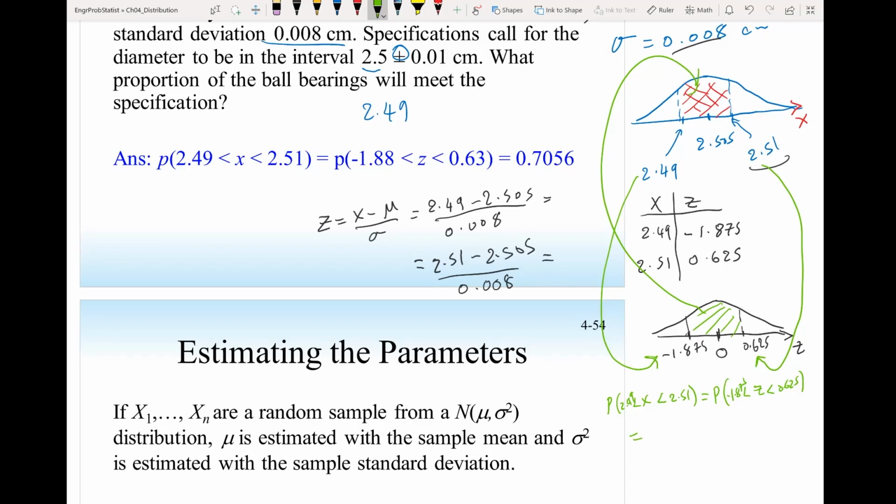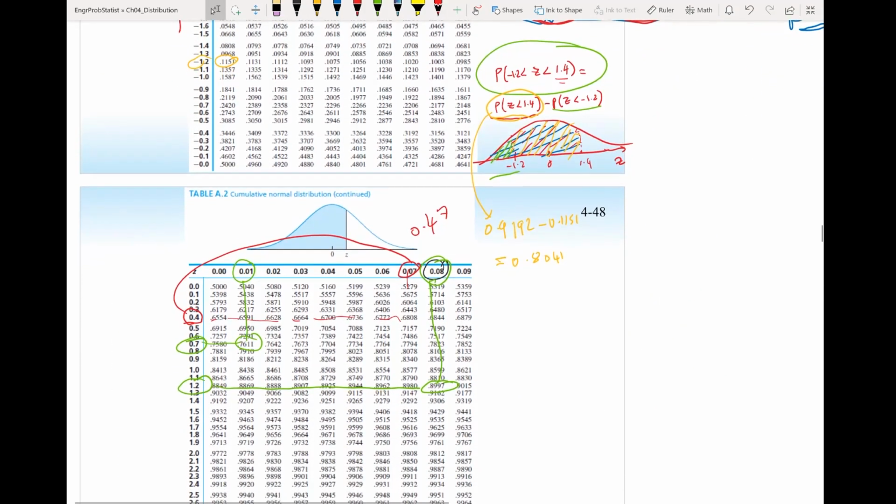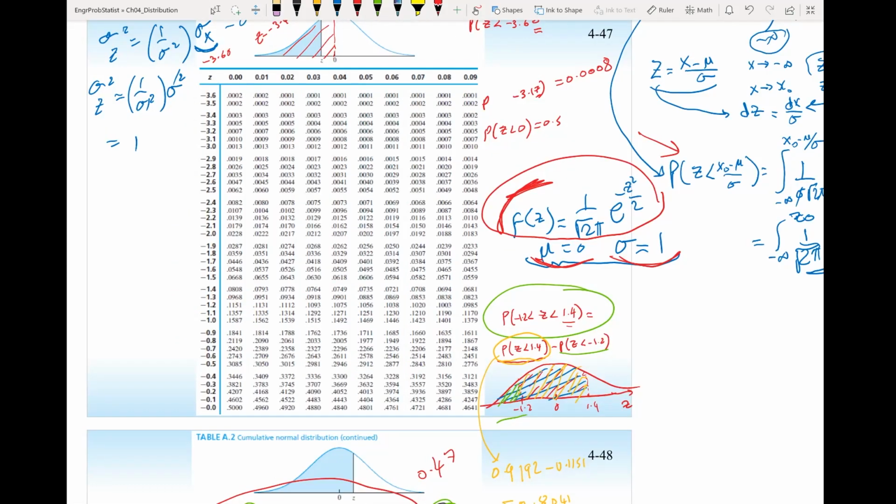And if I do it in the table, let's look at the probability for minus 1.87. So minus 1.8 is here, 7 somewhere here. So that is minus 1.87.